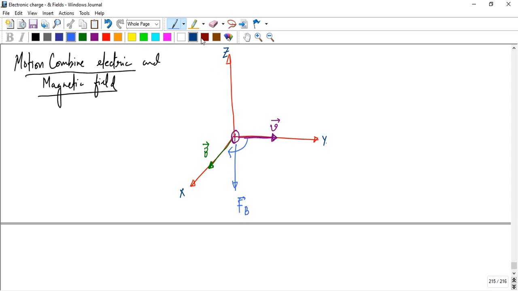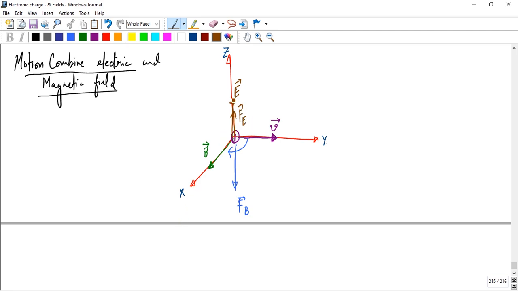Consider that the electrostatic force is upward, so the electric field is in the upward direction.